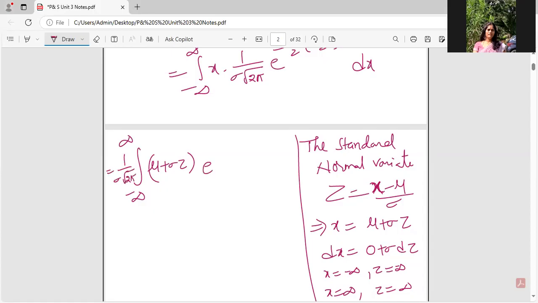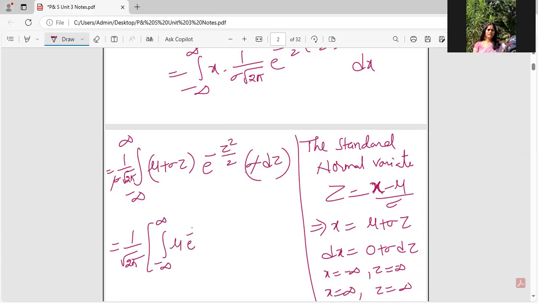E power minus z squared by 2. Instead of dx, I'll be replacing sigma dz. This sigma and this sigma get cancelled off. I'll write the integral separately so that I understand certain things. That is minus infinity to plus infinity.